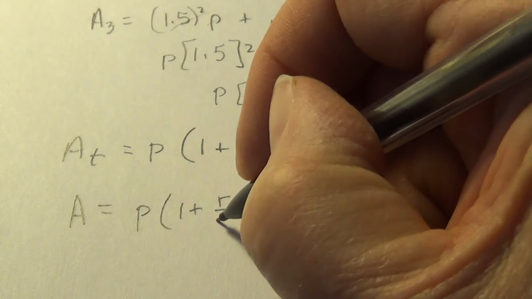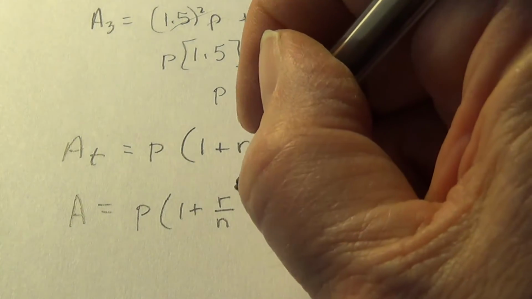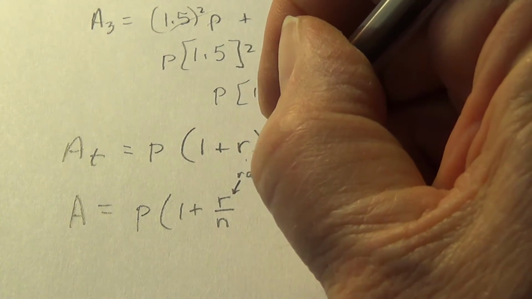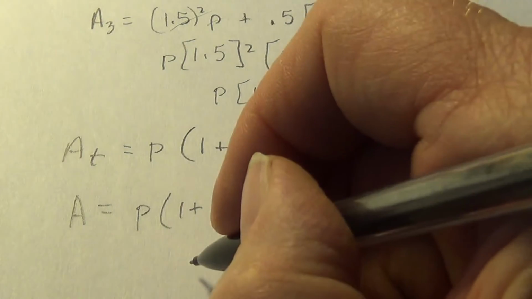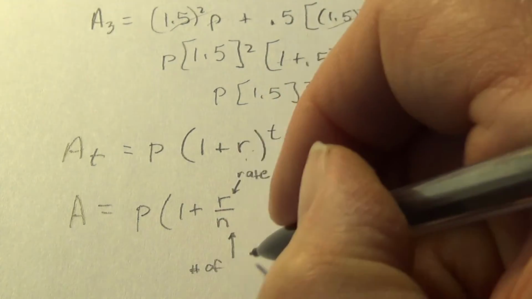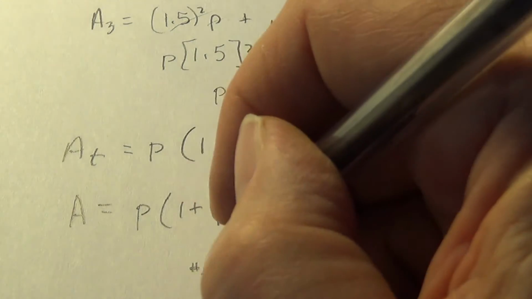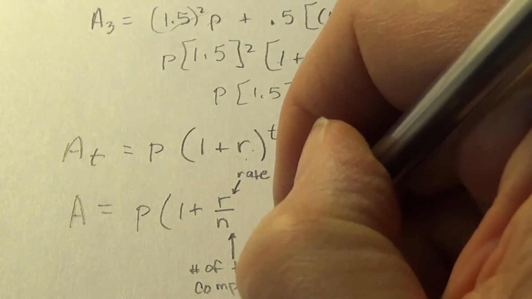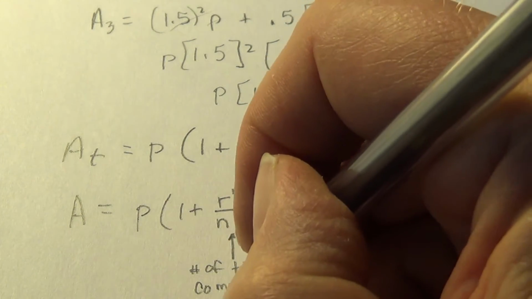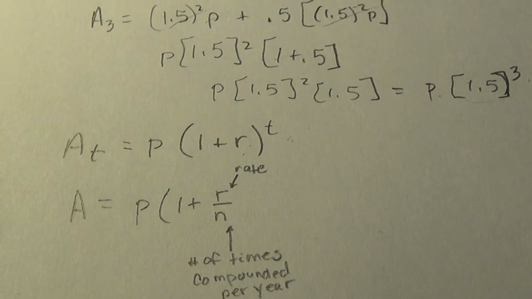If we're going to do it more than once a year, we're going to divide it by the number of times per year. So this is the rate of interest. This is the number of times it's compounded each year, calculated.